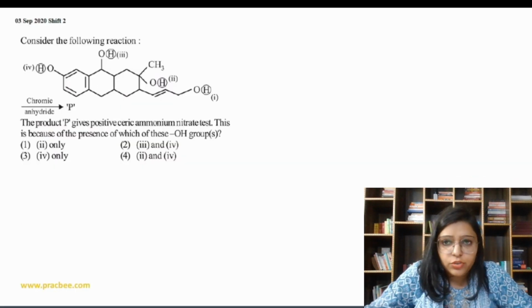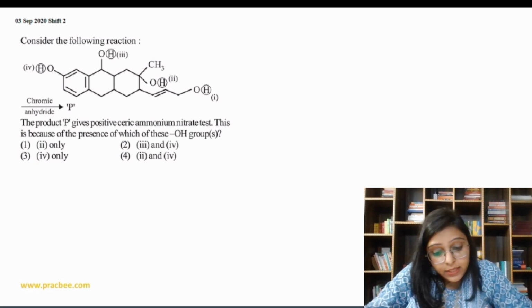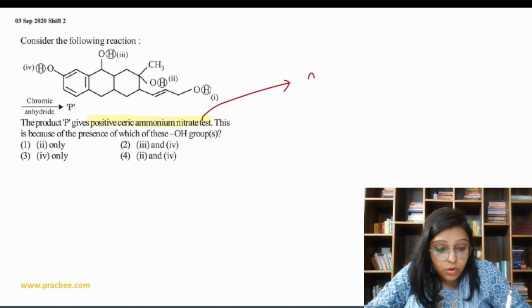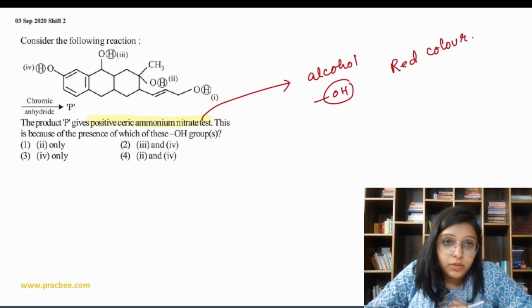Consider the following reaction. We have this, and in the presence of chromic anhydride, it gives P. The product P gives a positive ceric ammonium nitrate test. The ceric ammonium nitrate test is for alcohol. If we have an alcohol group, OH group, then we get a red color with the ceric ammonium nitrate test.